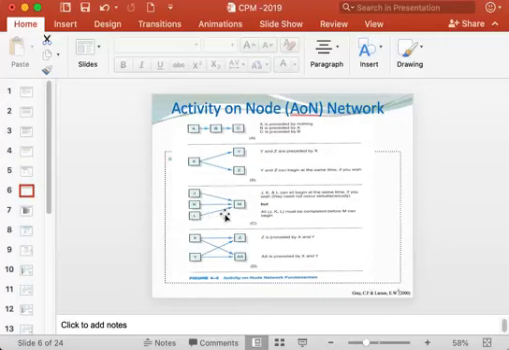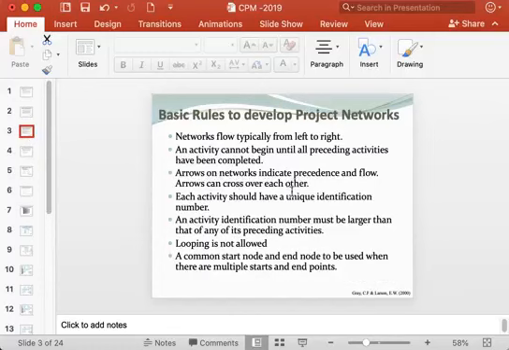So if the network is drawn like this, then this means that activity M cannot be started until J is finished, K is finished and L is finished. When all these three activities are finished, then only M can start. That is what it means. So the arrows on the network indicate precedence and flow.